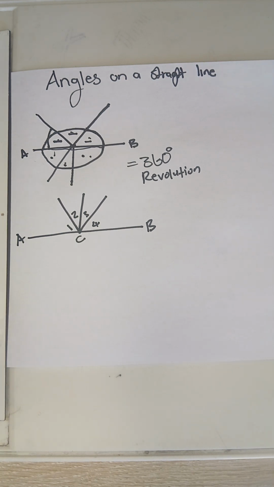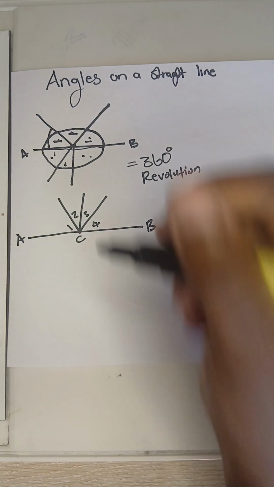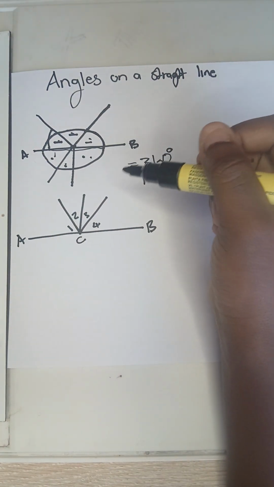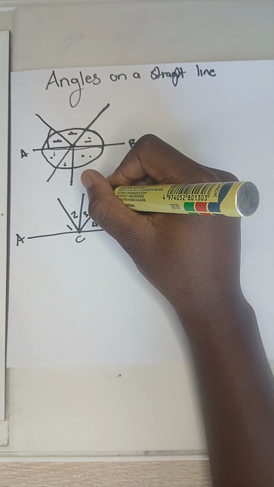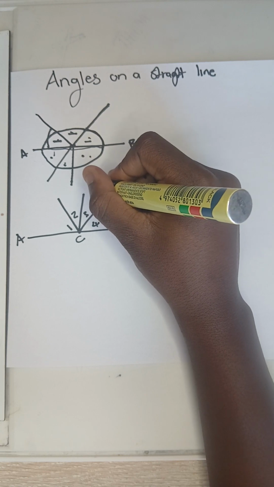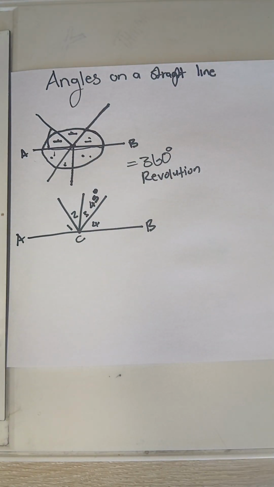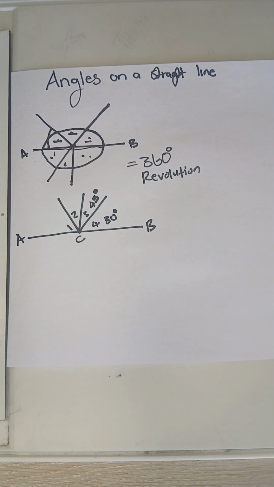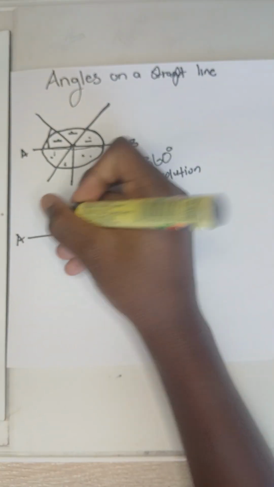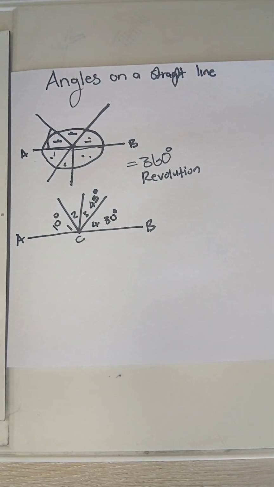So if we were to say C3 is 45 degrees, as an example, and here maybe we say it's 30 degrees, example guys, and let's say 10. Calculate C2.